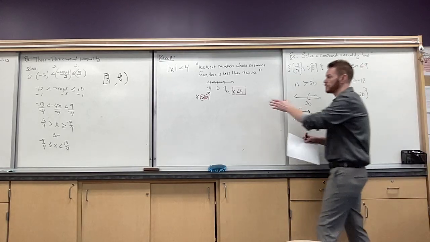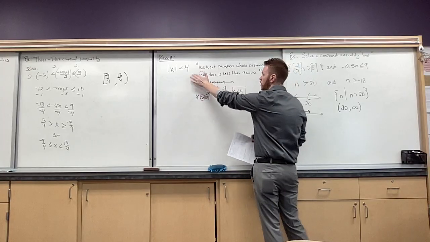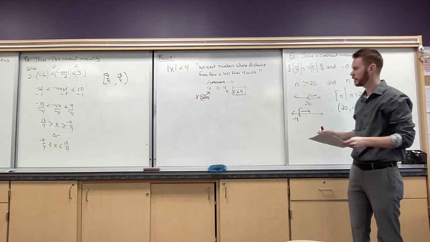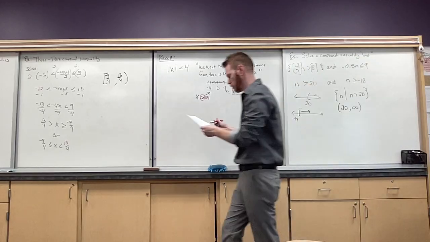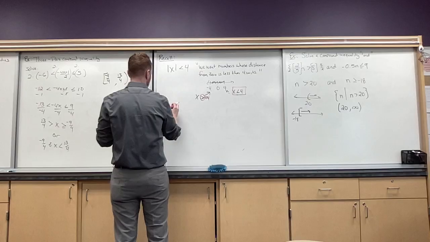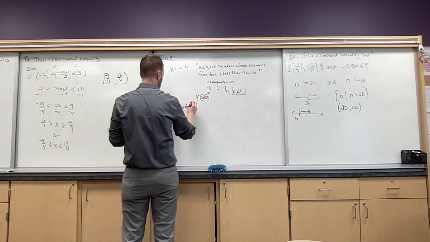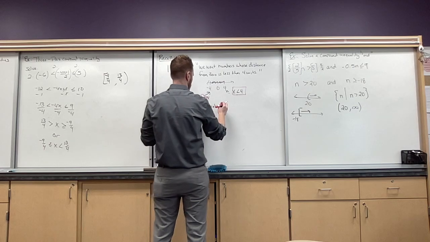We have to consider the simple case, but also the other side of the number line where some of that stuff could also satisfy. Okay, does that look a little bit familiar from last year? All right, so let's look at some properties, and then we'll apply. So properties of absolute value inequalities.